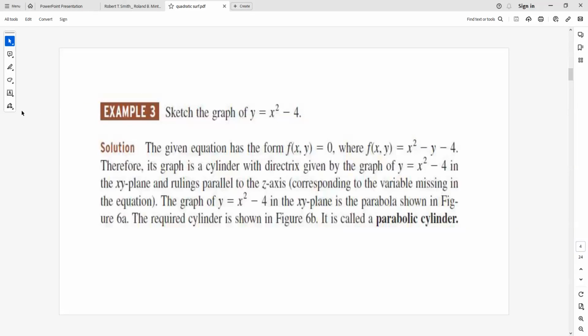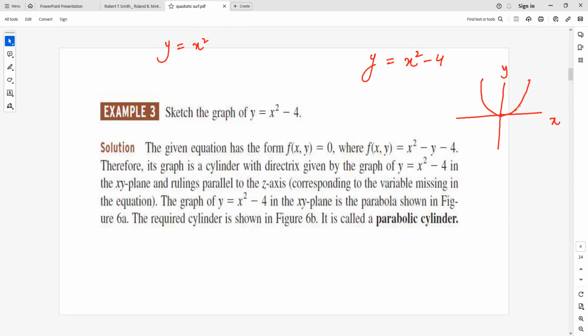Now this is the equation of a parabola again, that is y equals x squared minus 4, and we already know how to sketch this on the xy plane. We know that y equals x squared is a parabola, right?